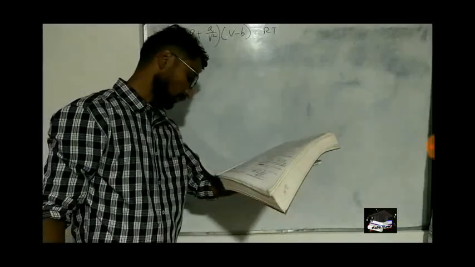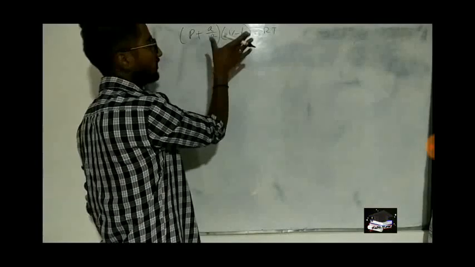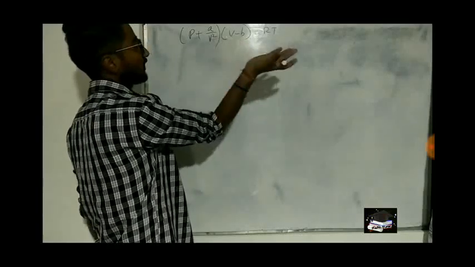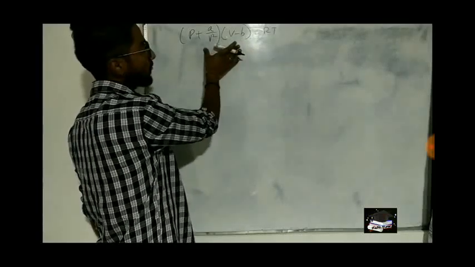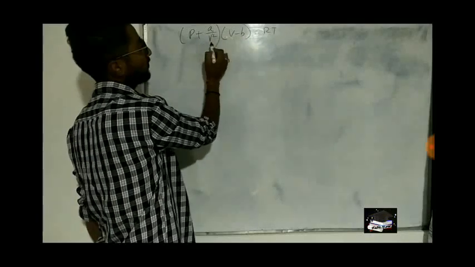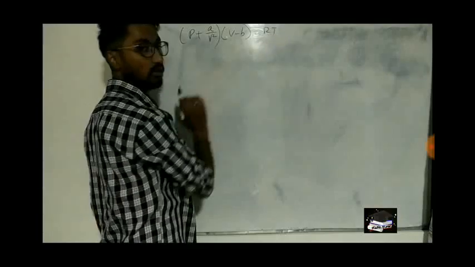What should be the dimension of A and B? So this is the van der Waals equation, a real gas equation. We can also call it the van der Waals equation, and it is (P plus A by V square)(V minus B) equals RT.